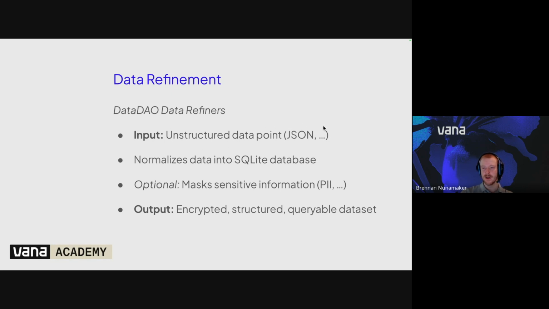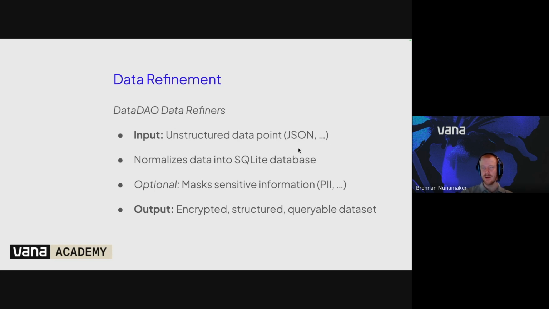So it takes an unstructured data point from a single file upload or similar. It can be JSON, it can be any other format that is somewhat unstructured. The data refiner that the DataDAOs build and define for their own data sets normalize this data into a structured SQLite database so that we can then later run queries against this.